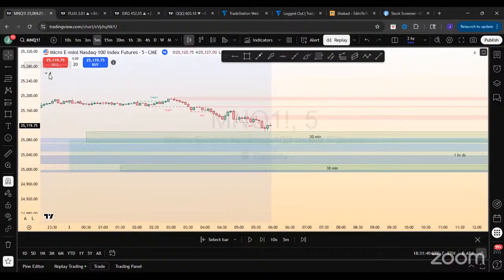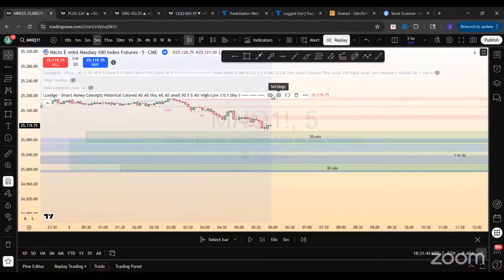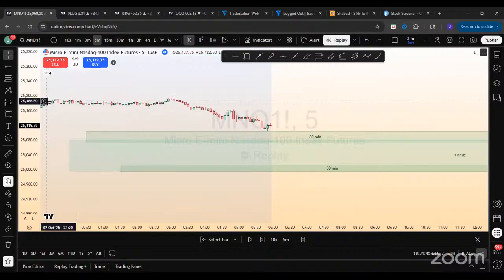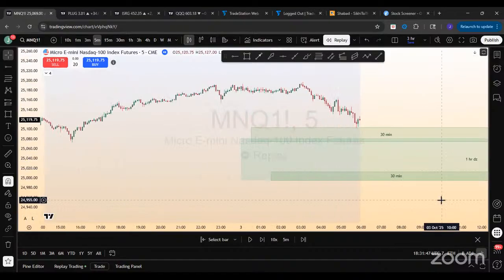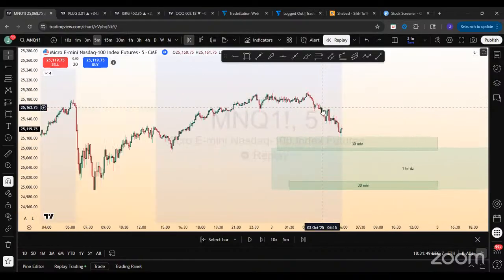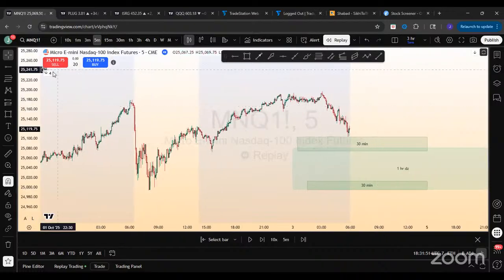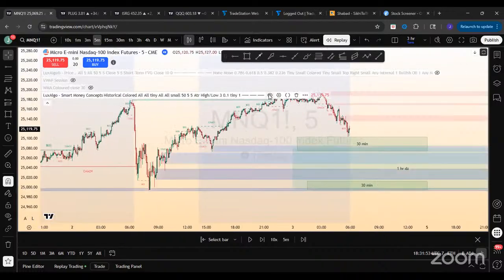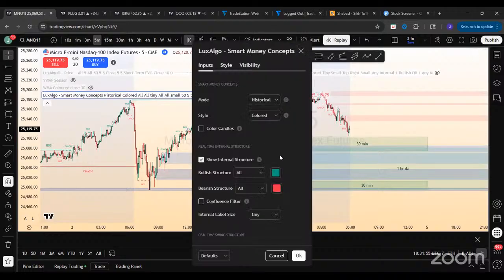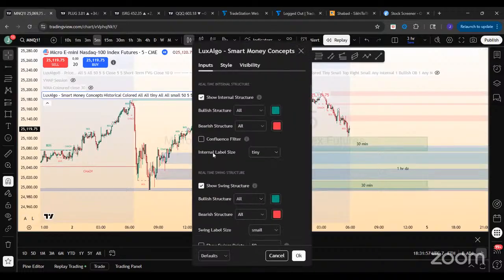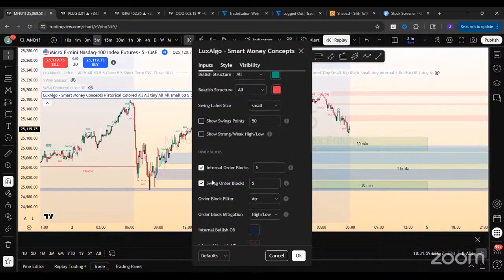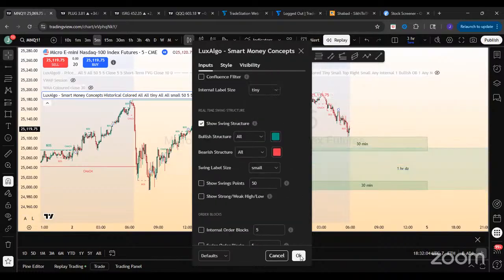I'm gonna go into 5 minutes. Take off that, turn it off. Okay, I got my zone. You can still use that. Let's see. And I remove the order blocks. Just keep it at the market structure.